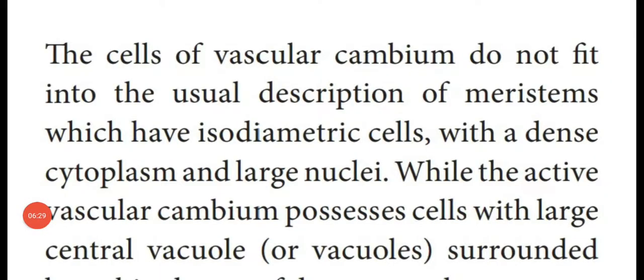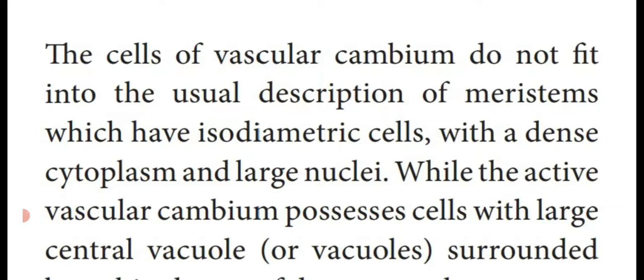Next we are going to see organization of vascular cambium. That means what are all the cells which are present in the vascular cambium. That is said to be organization of vascular cambium. The cells of vascular cambium do not fit into the usual description of a meristem.